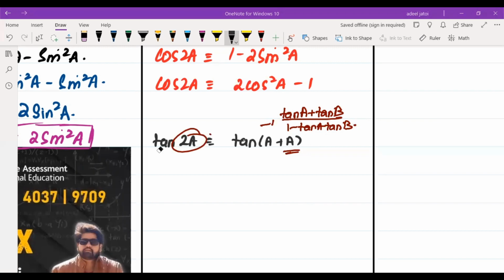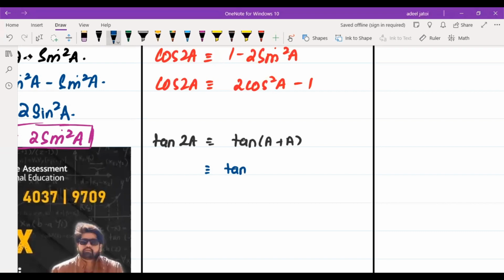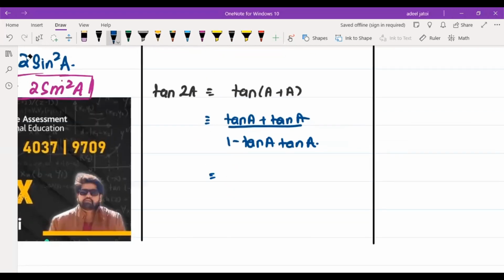So just writing down the identity, this should be tan A plus tan A upon 1 minus tan A tan A, which will be 2 tan A upon 1 minus tan square A.